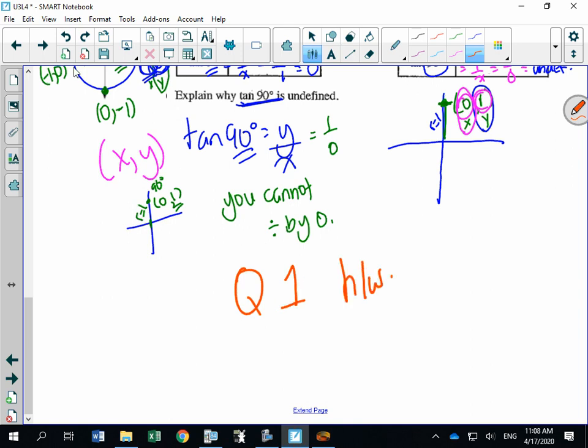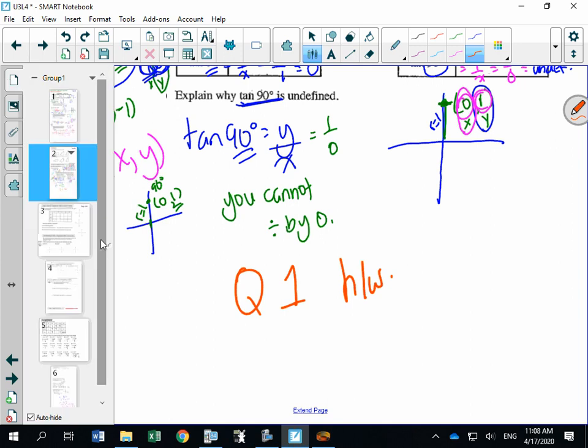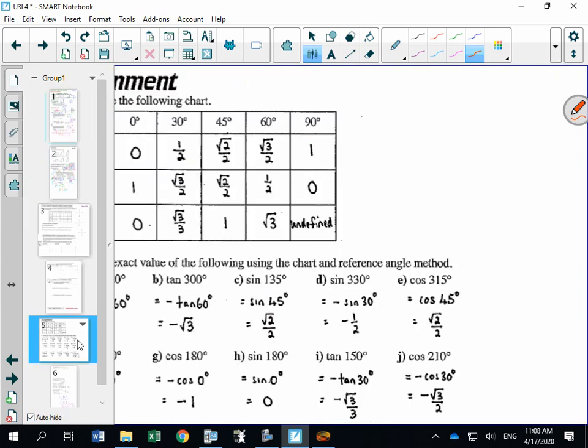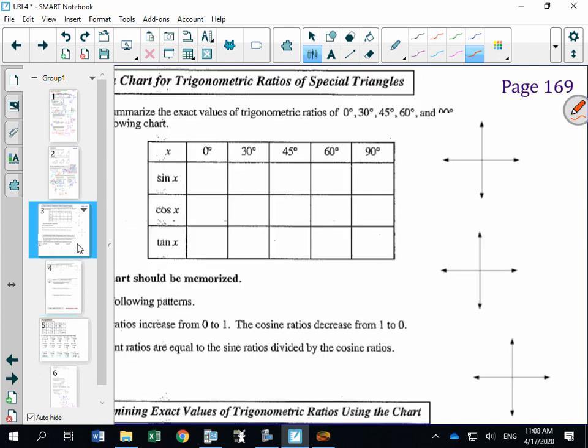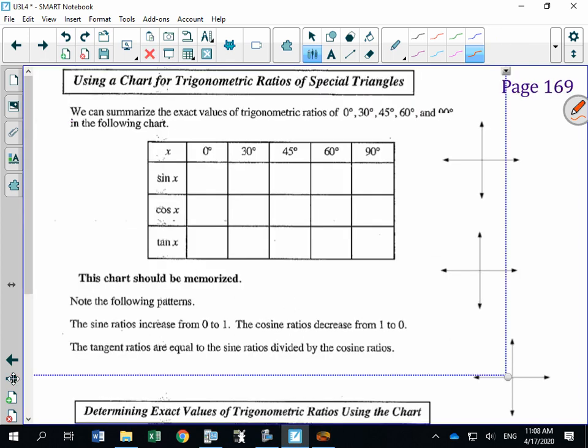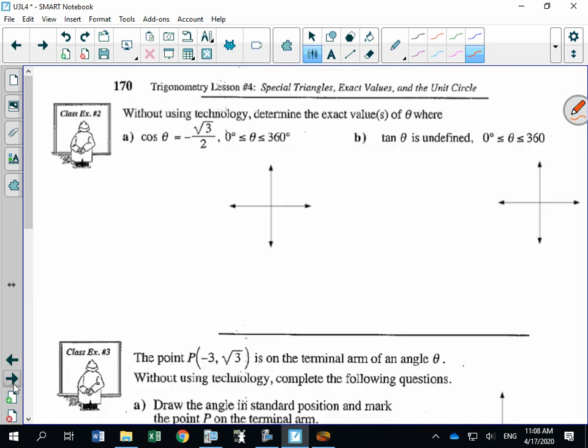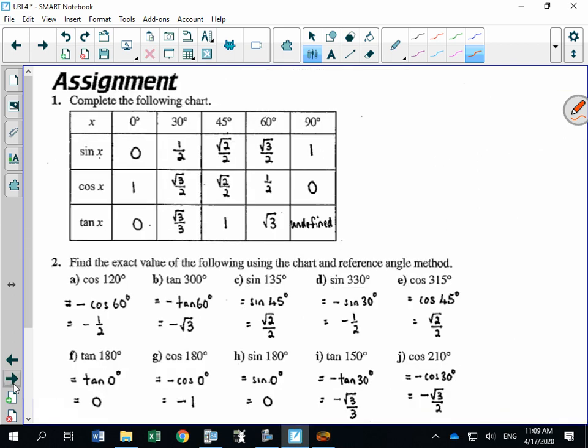If we quickly look at question 1, so let me go to the homework. For whatever reason, mine has all the solutions. That's fine. Question 1 is you're just completing this chart.